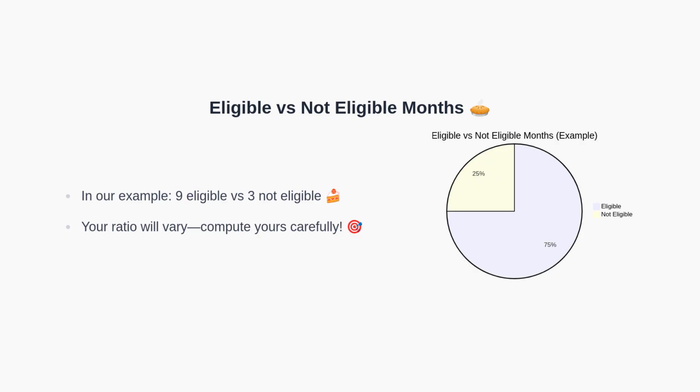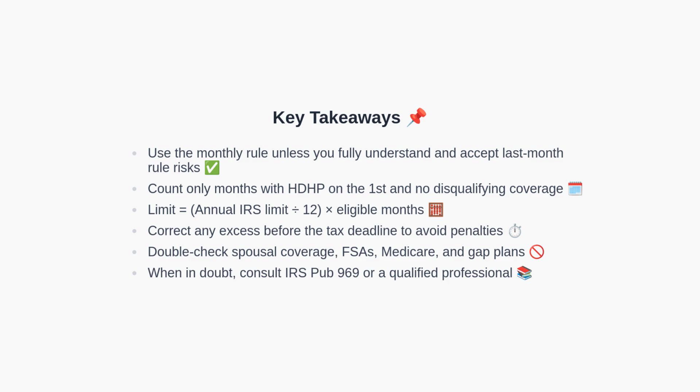With visuals complete, let's capture the core ideas you should remember. Here are the key takeaways. First, use the monthly rule by default, and only consider the last month rule if you fully understand the risk and can remain eligible for the entire testing period. Second, count only months where you had HDHP coverage on the first day and no disqualifying coverage.